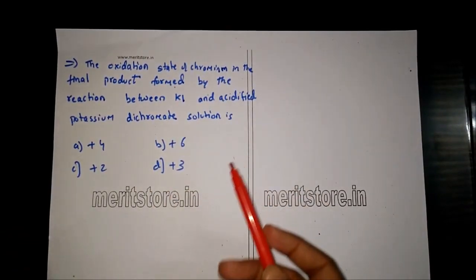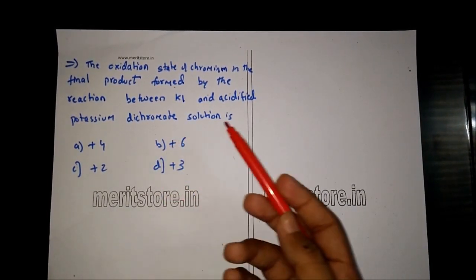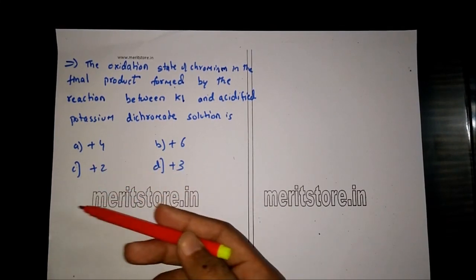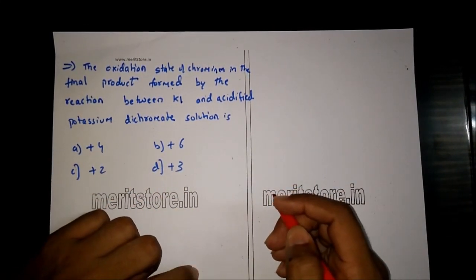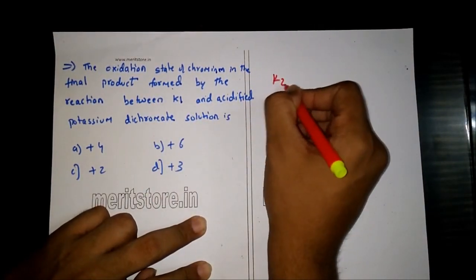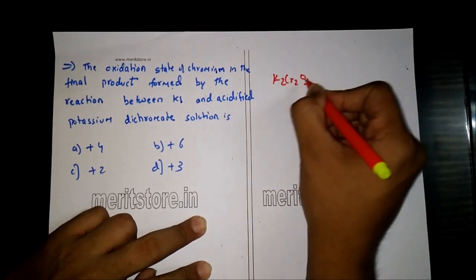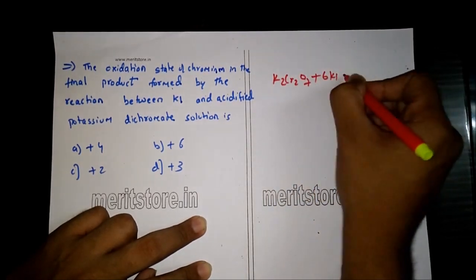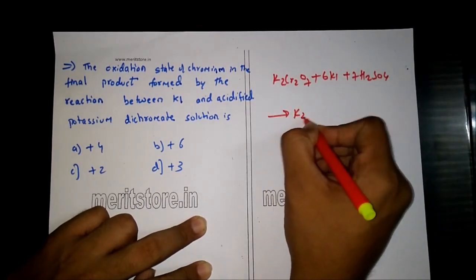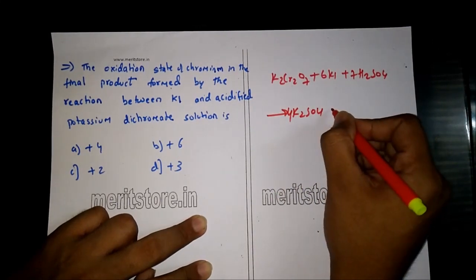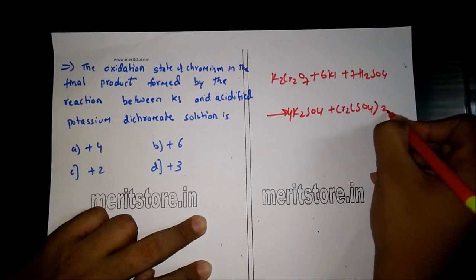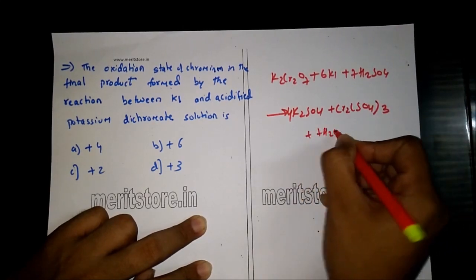Oxidation state of chromium in the final product formed by the reaction between KI and acidified potassium dichromate solution is A plus 4, B plus 6, C plus 2, and D plus 3. Now let's look at the reaction between KI and acidified potassium dichromate. Therefore, K2Cr2O7, which is potassium dichromate, plus 6KI plus 7H2SO4 gives 4K2SO4 plus Cr2(SO4)3 plus 7H2O plus 3I2.